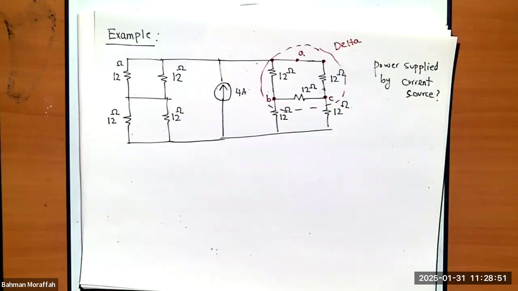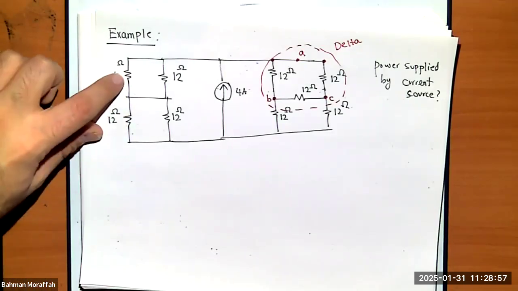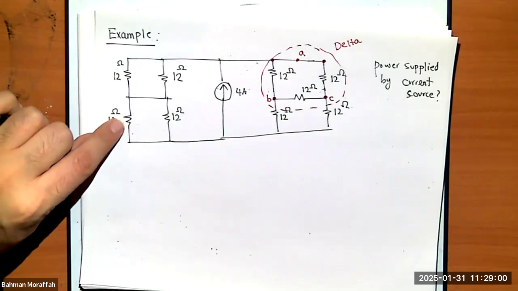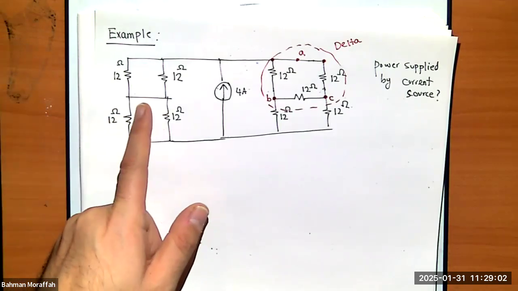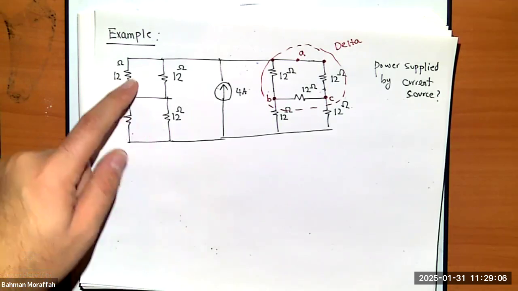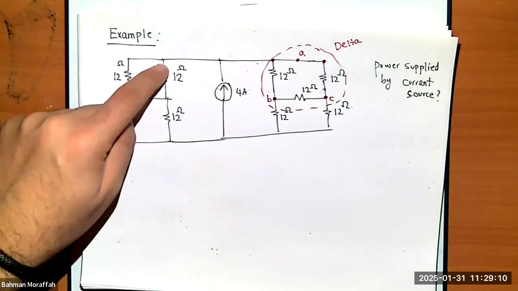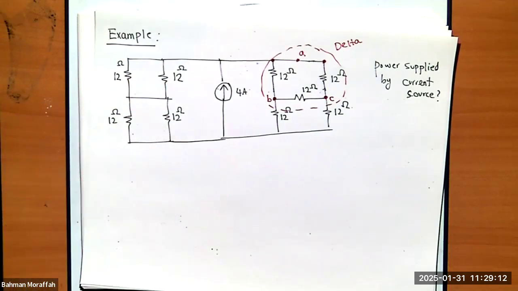They're not in series. Why? Because if these two were in series, whatever current is passing through here should pass through here. But I have this line over here, so I have a leakage of current through here. So the current through here is not going through here, so they're not in series. With the same logic, these two are not in series either.